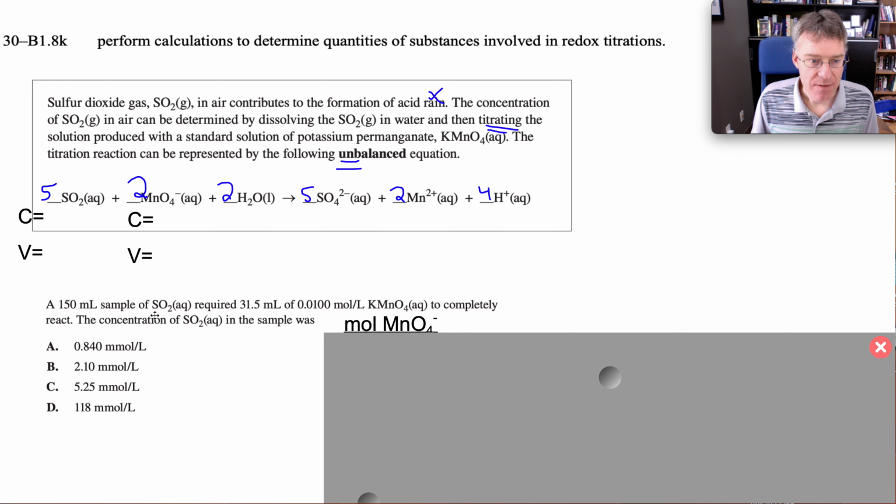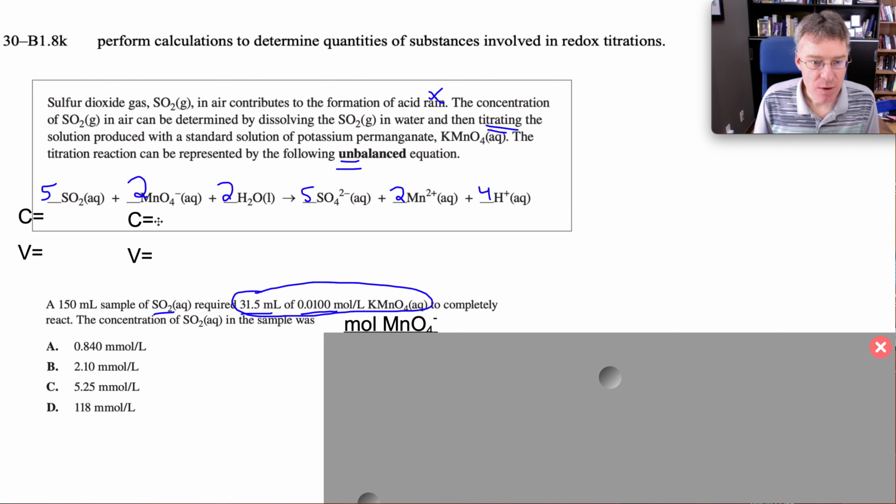So we have 150 milliliters of SO2 requires 31.5 mL of 0.1 permanganate. So all of these numbers are referring to permanganate.